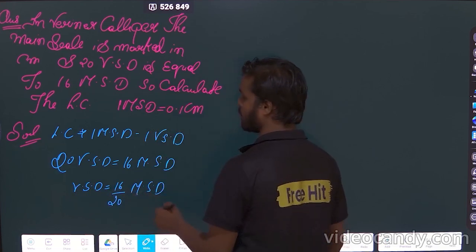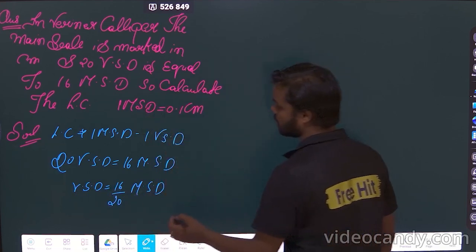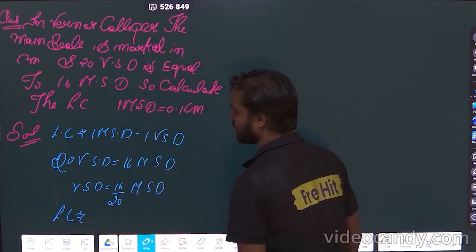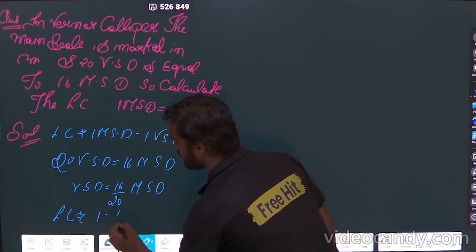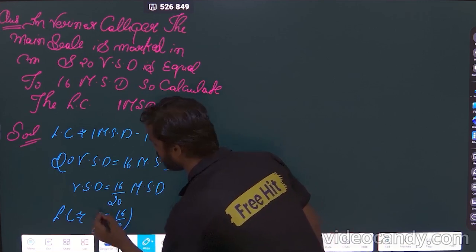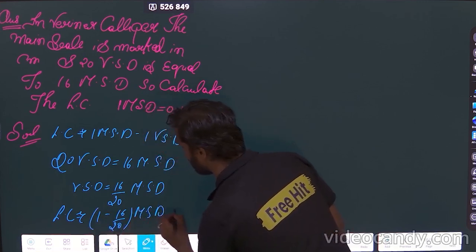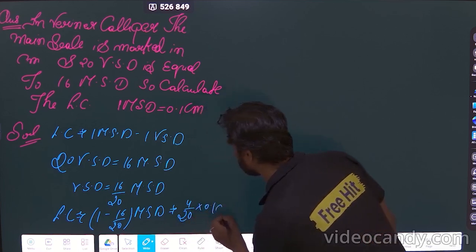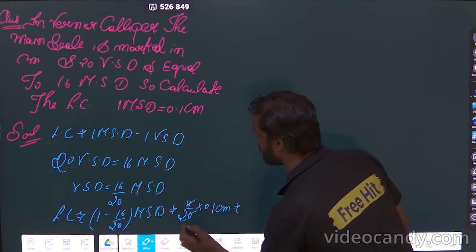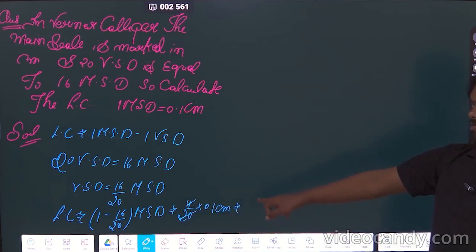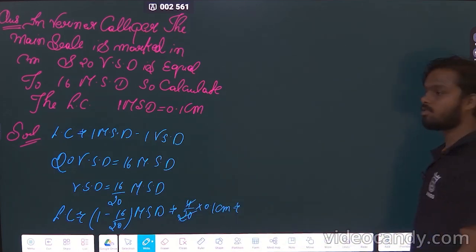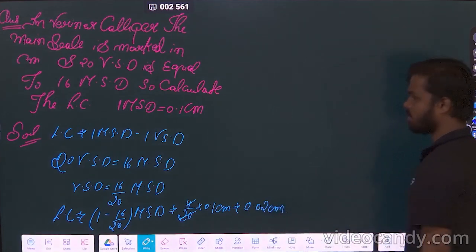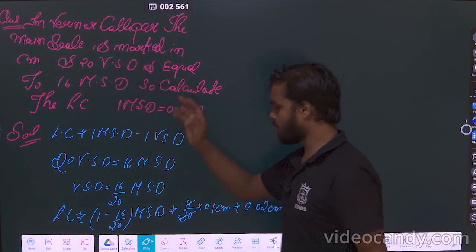When I get this relation, I can directly put it here and calculate my least count. Least count will be equal to 1 main scale division minus 1 vernier scale division. So this will be 1 minus 16 by 20 into main scale division, and this is equal to 4 by 20 into 0.1 centimeter. So from here I will get 1 by 5 into 0.1. That means 0.02 centimeter.